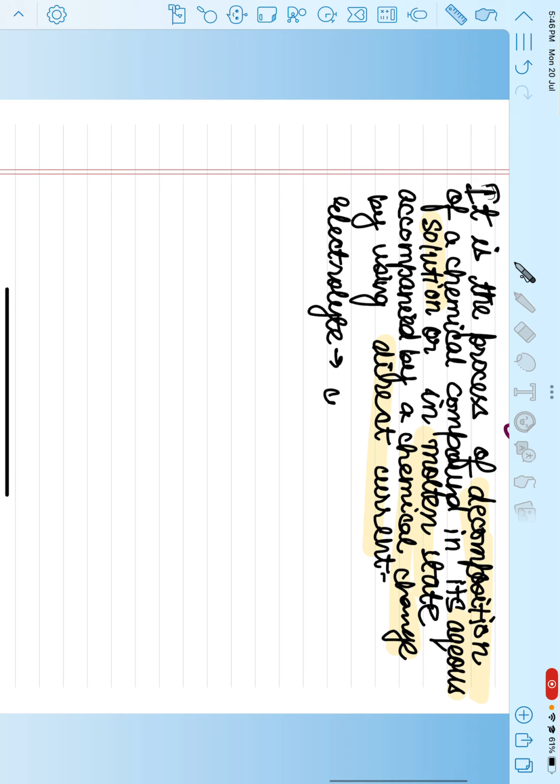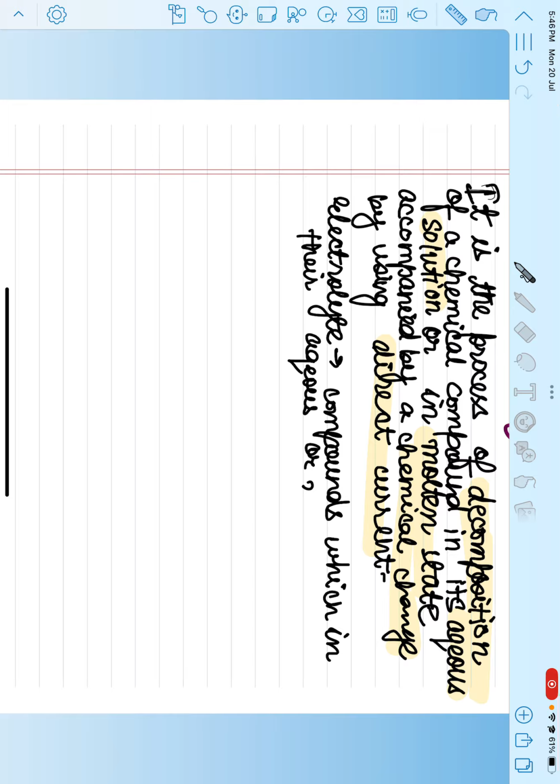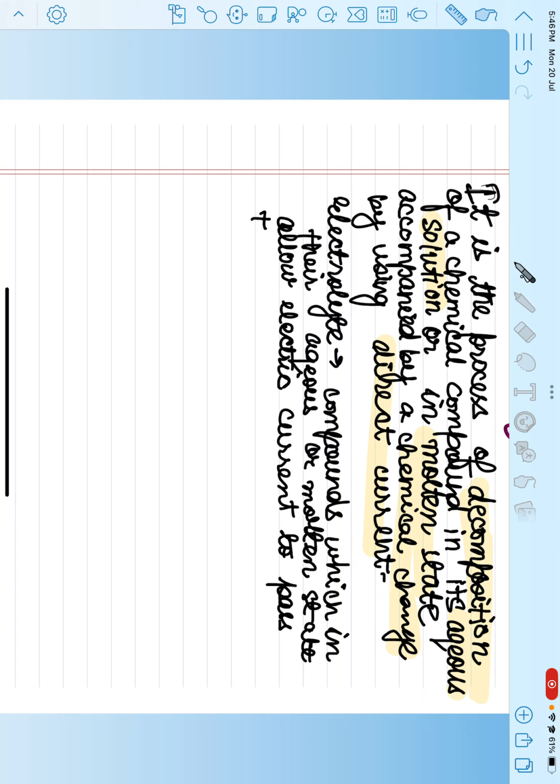Electrolytes are those compounds which in their aqueous or molten state allow electric current to pass through them. इसका मतलब क्या है?